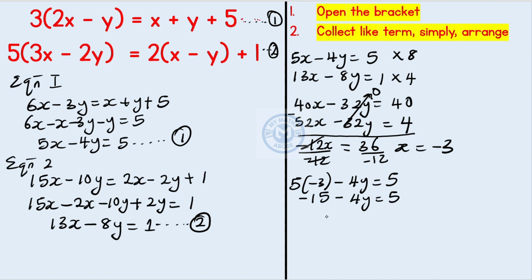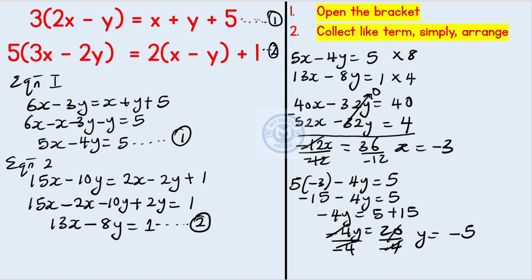And collecting like terms, this will be negative 4y is equal to 5 plus 15. Negative 4y will be equal to 20. So dividing both sides by the coefficient, this will give me y to be negative 5. So this will leave my answer to be x equals negative 3 and y equals negative 5.